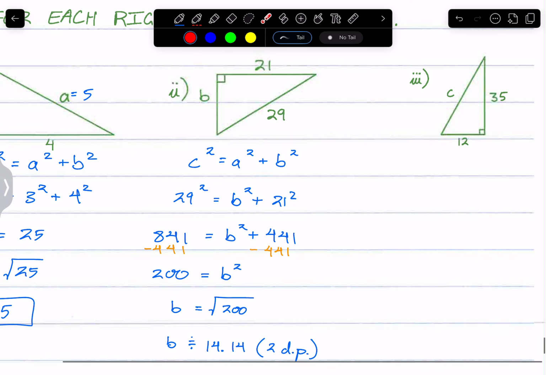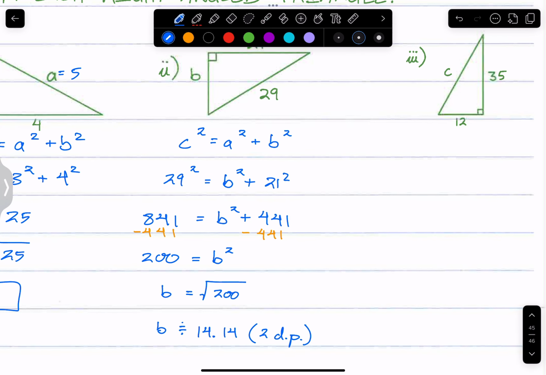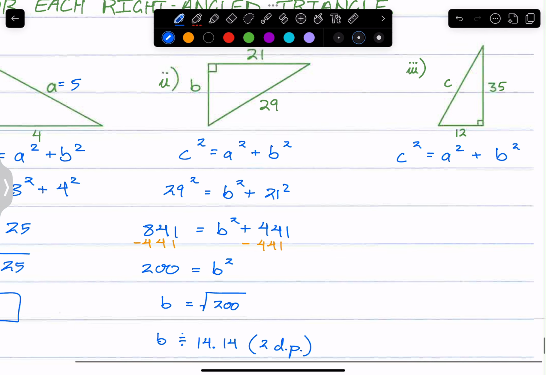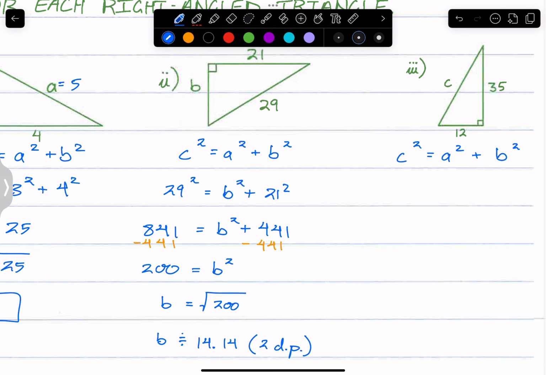Okay, so you can pause and give this last one a go yourself. So here we go. Once again, always beginning with our formula, c squared equals a squared plus b squared. c squared, in this case, remember, is our hypotenuse. So the box points to our hypotenuse. So c squared does indeed remain as c squared, where 12 and 35 go into the positions of a and b.